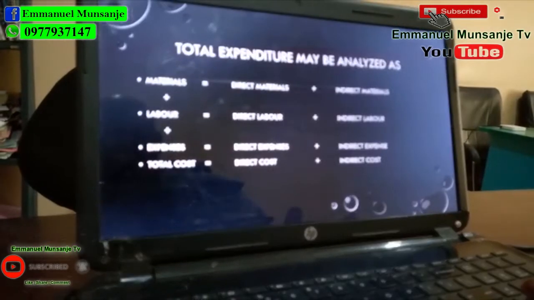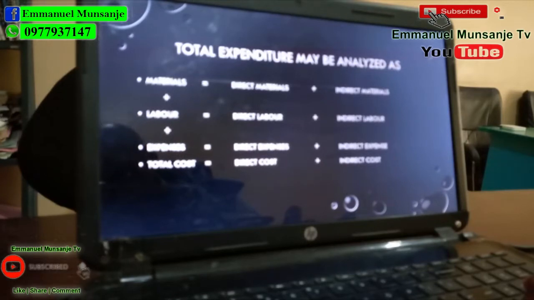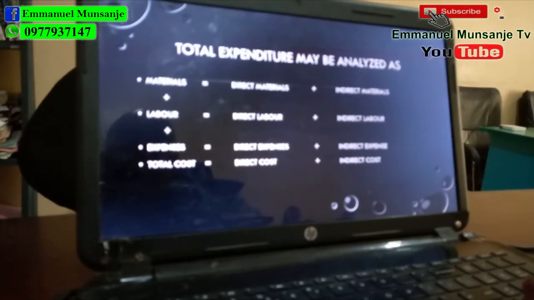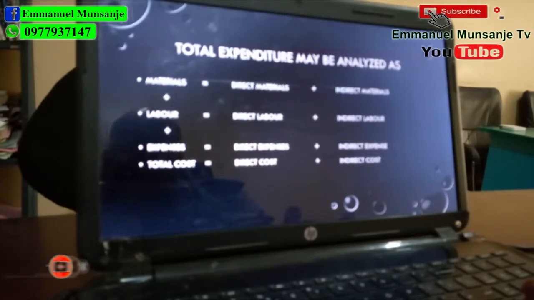Now look at this one. Total expenditure may be analyzed as follows. There are materials which may be direct or indirect. There is a labor component which may be direct or indirect. There may be expenses which may be direct or indirect.